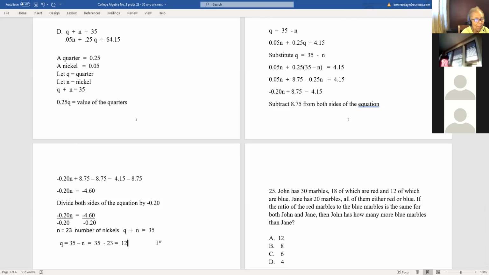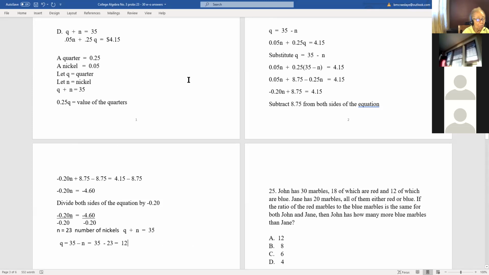Okay. So setup problems are sometimes just setup. And I think Chastity asked me something about a problem we had a setup for. That's why I want to take the example a step further to actually find the number of each coin, the number of quarters, the number of nickels.